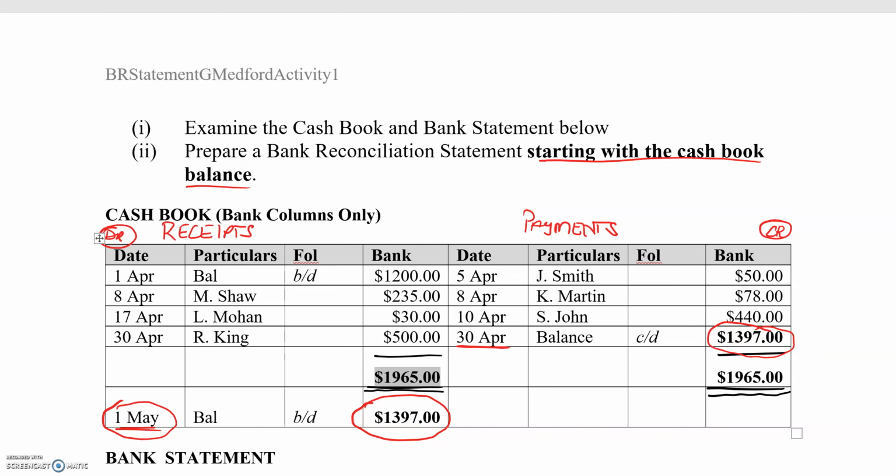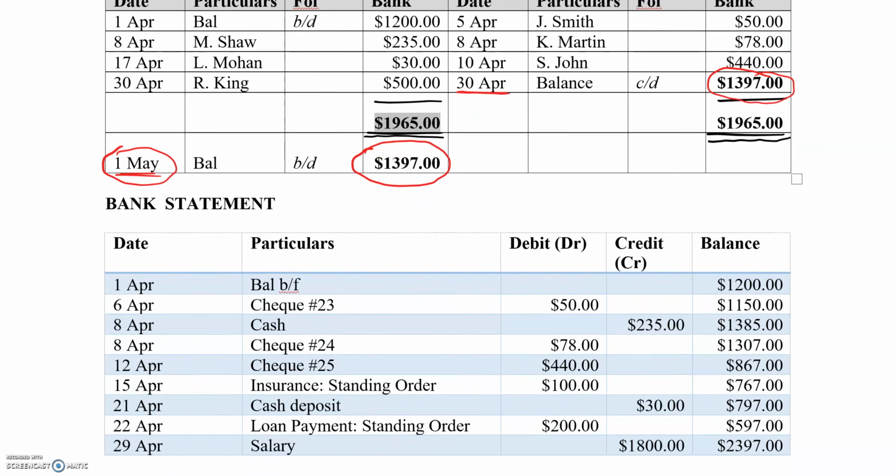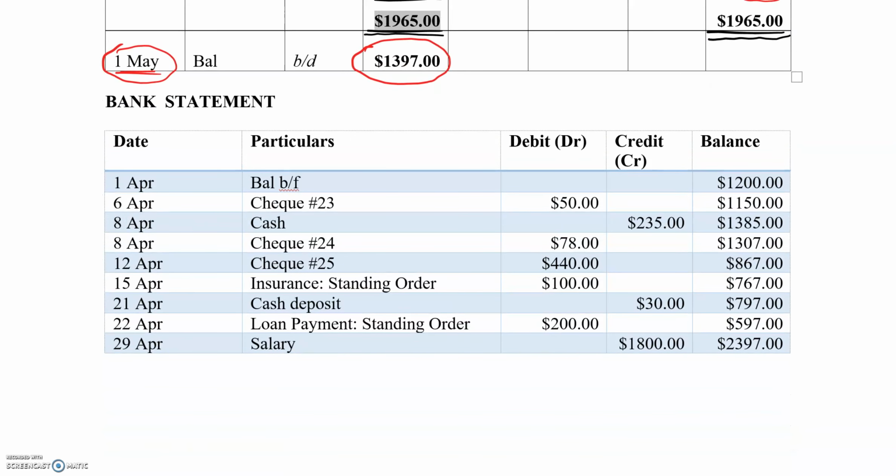Now let's have a look at the bank statement. If we look at the bank statement, the same way we had debits and credits in the cash book, we can see debit entries and credit entries in the bank statement.